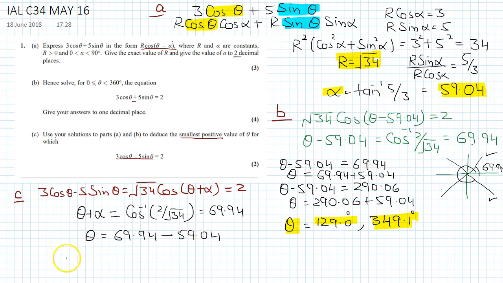So the smallest possible value of theta, you subtract it, is 10.9. The smallest positive value of theta is this.